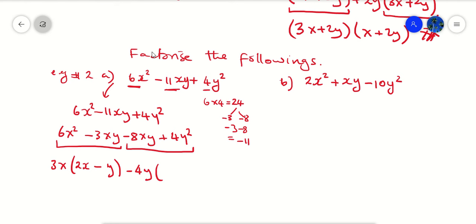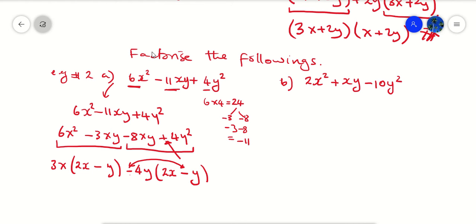If I take minus 4y out of minus 8xy, I'll be left with 2x, and then minus 4y. If I take minus 4y out, I'll be left with minus y. The reason I've got minus here is that minus times minus gives me a positive sign, which is the sign over there, right?